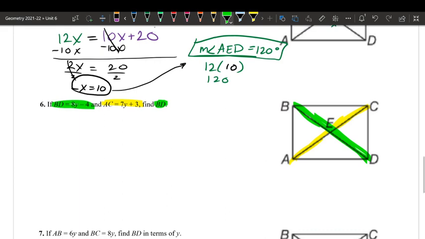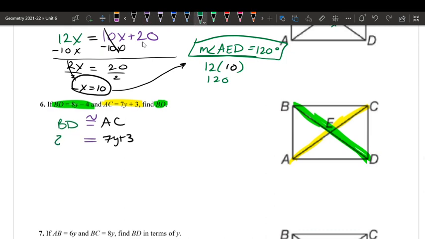Because it's a rectangle, we can say that BD is congruent to AC. So plug in for AC, 7y plus 3. Congruent is going to become an equal sign.